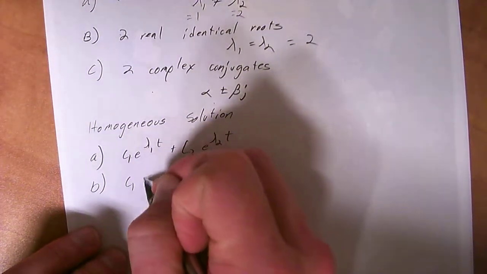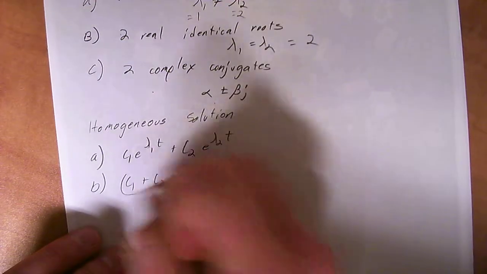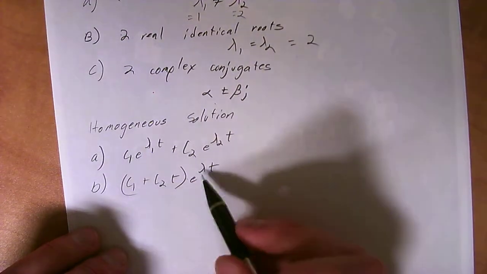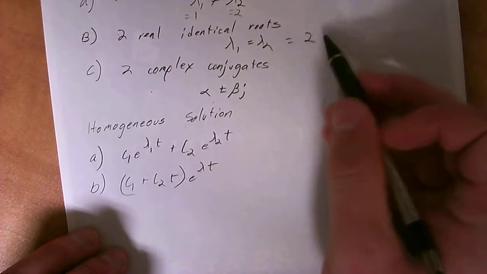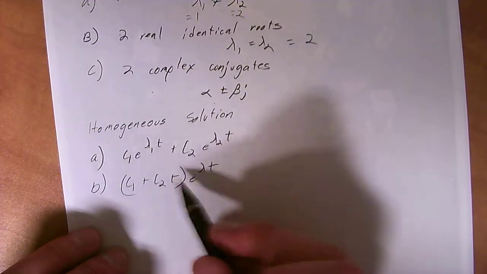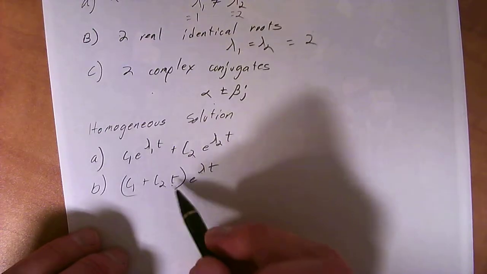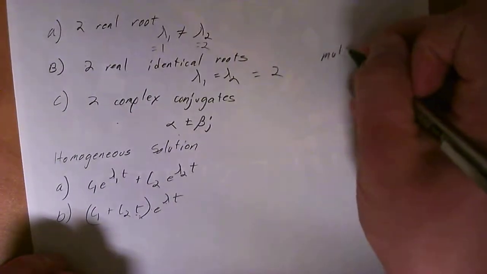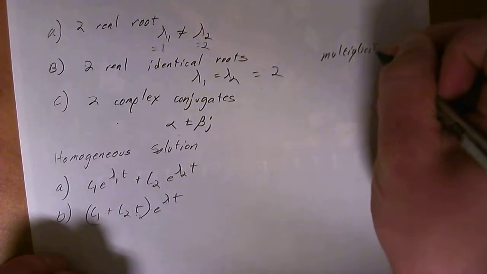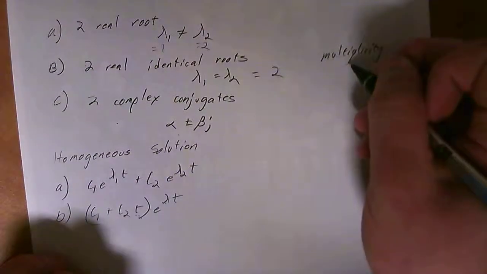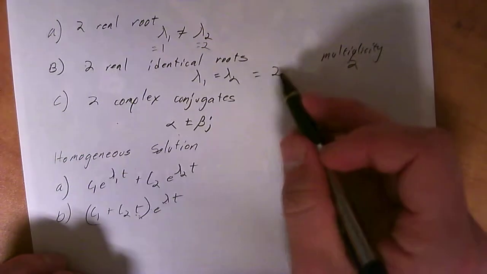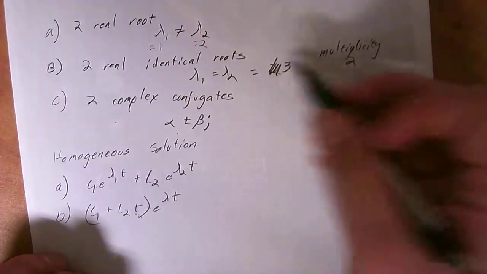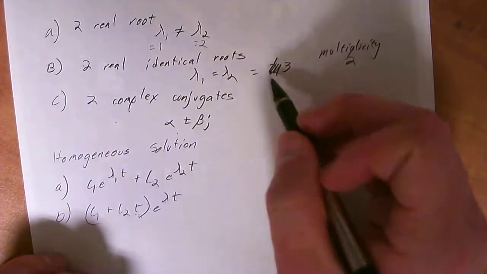If you have the second condition where they're both real and identical, then you have C1 plus C2 times t, all times e to the lambda t, where lambda is the root, in this case 2. The t is basically dependent on multiplicity. Right here you have a multiplicity of 2, not because of the value 2. Let me change this value.